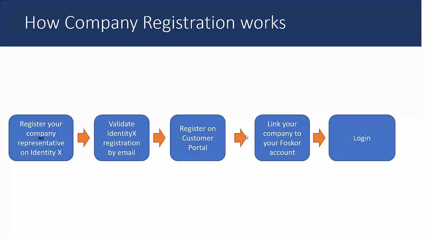This is a pre-completed form that the customer representative will use to complete the customer portal access. Finally, you will need to link your company in the customer portal to your Foscor account. Foscor will provide you with a unique number that you will type into a specific field that connects your company to your Foscor account. And finally, with the registration complete, we then can log into the system and make use of it.